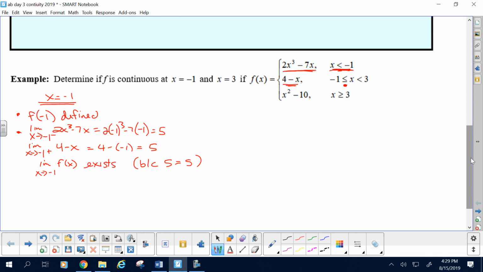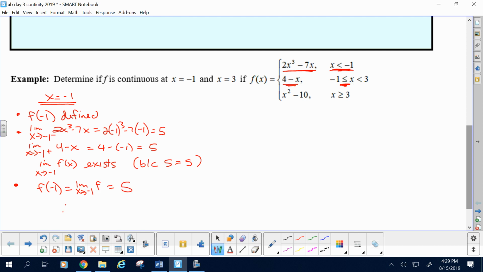All right, and last but not least, does the point equal the limit? And I think you'll agree that at -1, it's the same as the right-hand limit, and so it is the case that f at -1 is the same as the limit as x goes to -1, which is all 5.